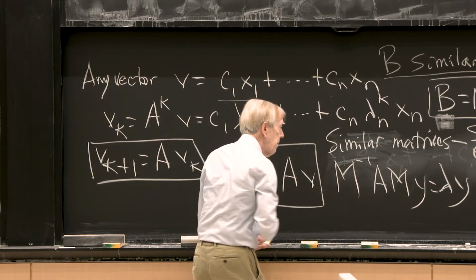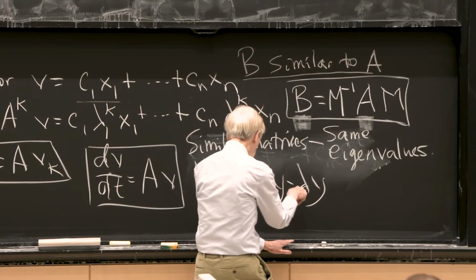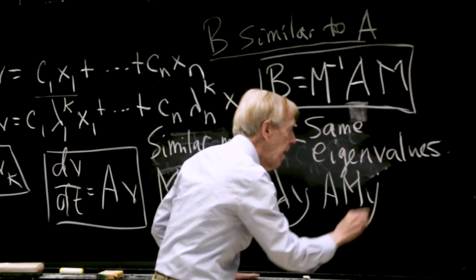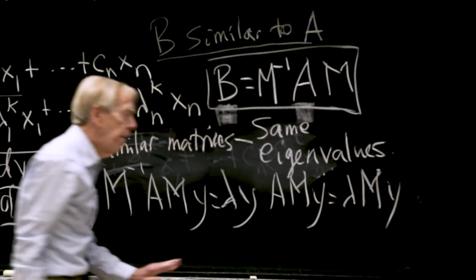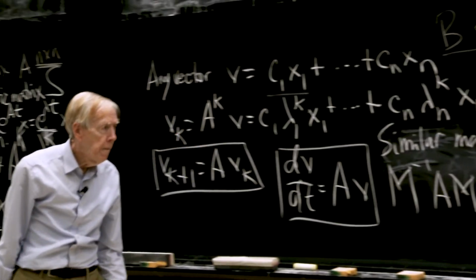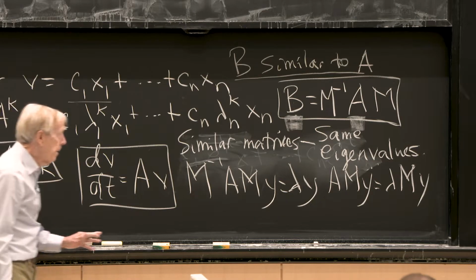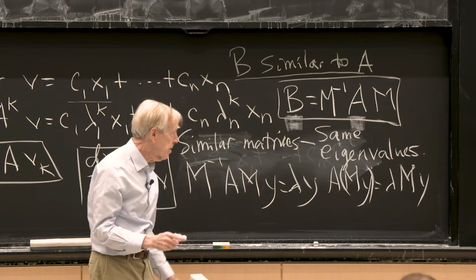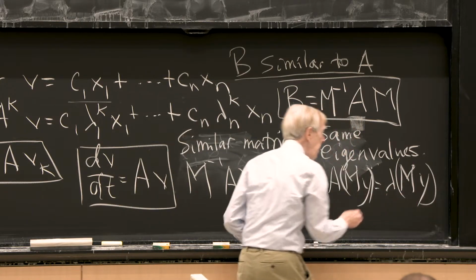I'm going to multiply that equation by M. That will put the M over here, and I'll have A M y equals lambda M y, right? And is that telling me what I want to know? Yes. That's saying that M y, that you wisely suggested to give a name x to, is lambda times M y.